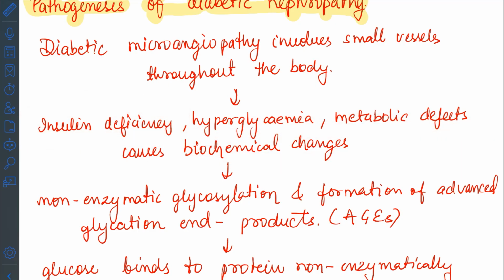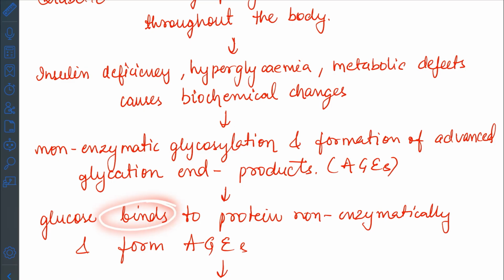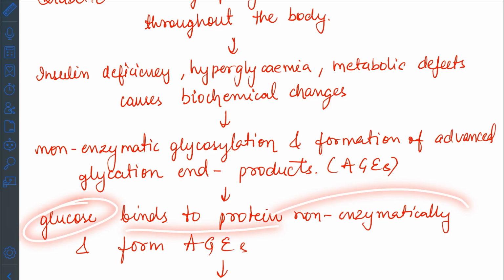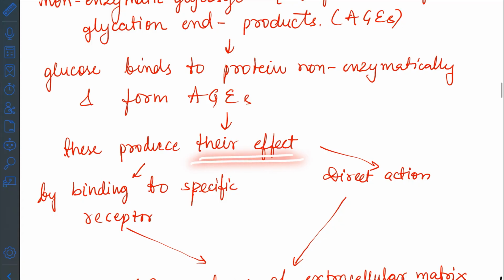These cause formation of advanced glycation end products, formed by non-enzymatic binding of glucose to protein. These advanced glycation end products produce their effect either by direct action or indirect action. The indirect action is seen by binding of AGE to specific receptor.